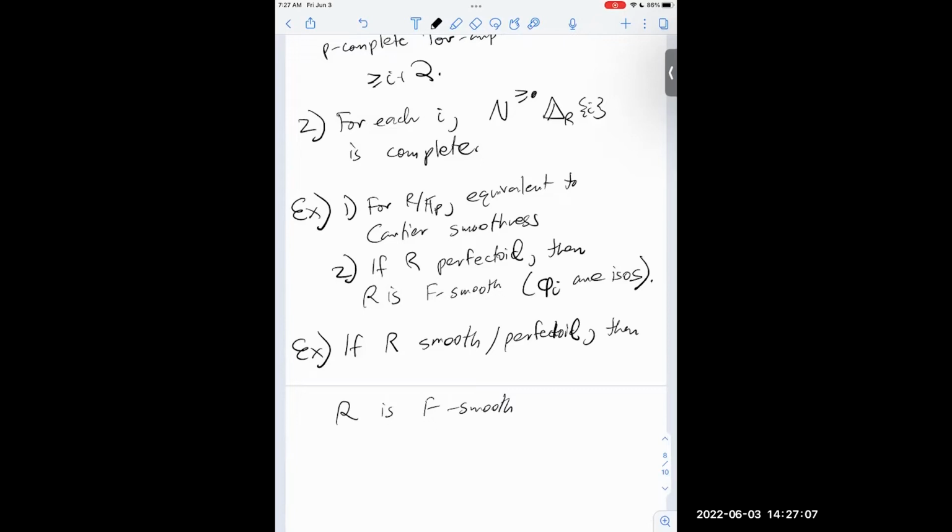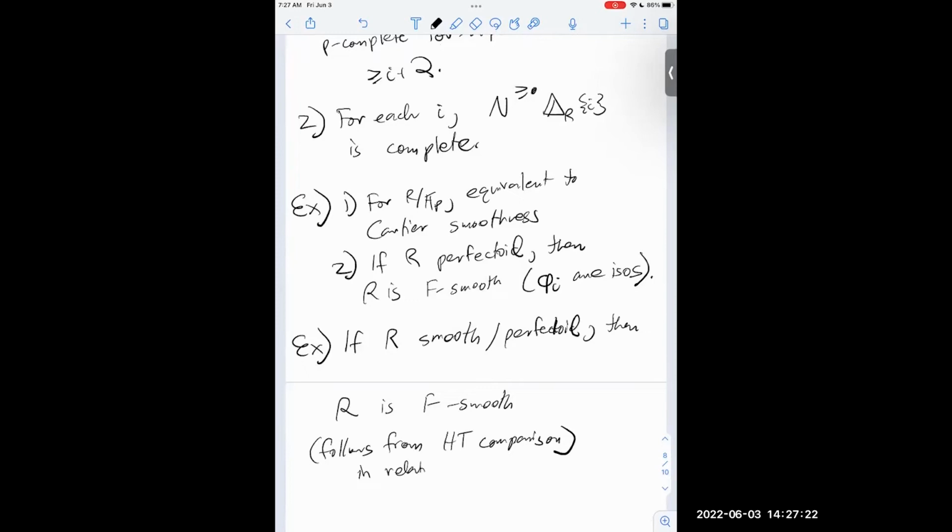This is absolute prismatic homology, and this follows from the Hodge-Tate comparison, as in the article of Bhatt-Morrow-Scholze, Prisms and prismatic cohomology.